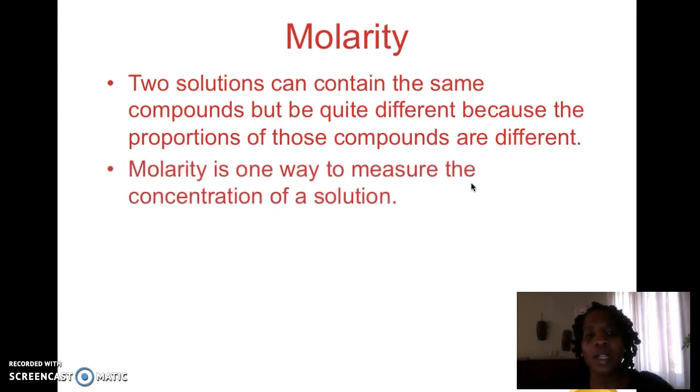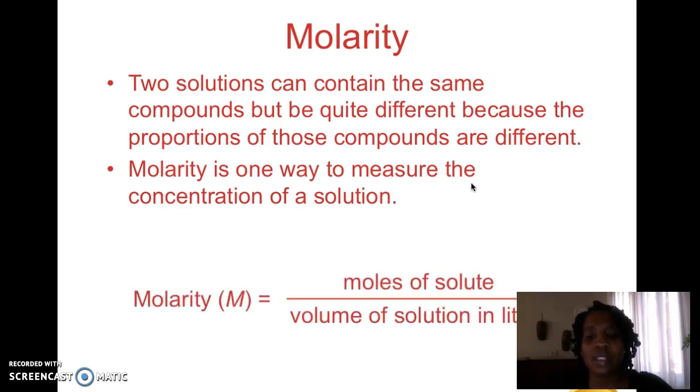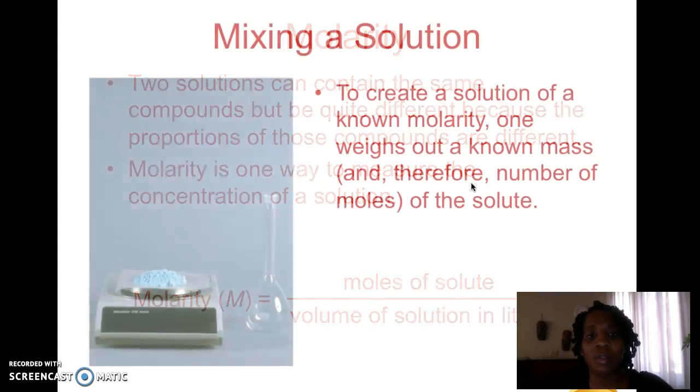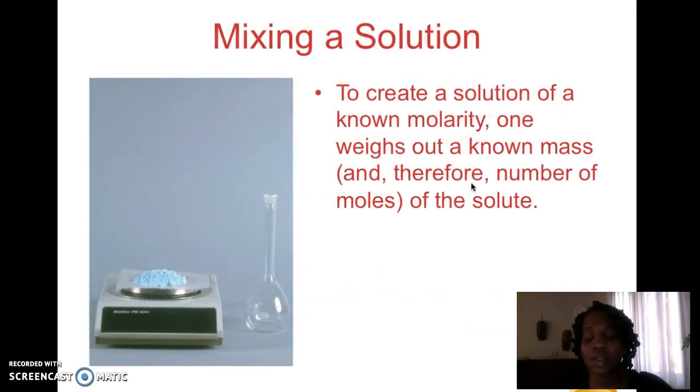So molarity is a way that we measure the concentration of that solution. It's defined as the moles of solute over the volume of the solution in liters. Okay, so that's the total volume of the solution, which is the combination of the solute and the solvent. So this is quite important to understand.